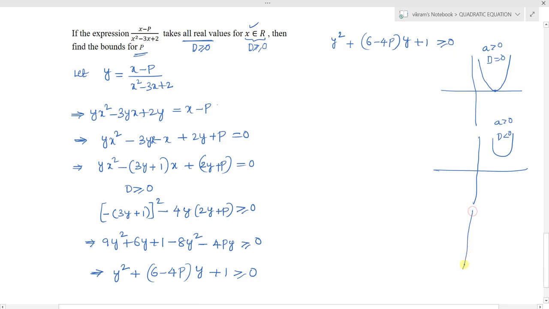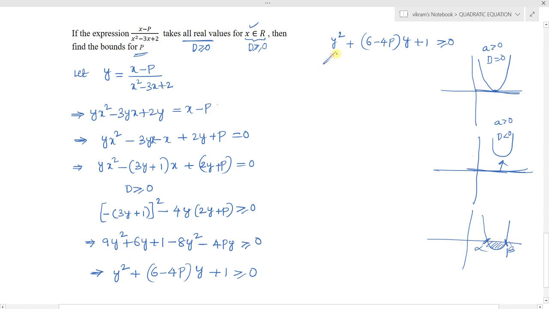If the expression has roots, then between the values alpha and beta it is negative. But it is clear that y² + (6 − 4p)y + 1 ≥ 0, so it is above the x-axis, or it touches the x-axis, but it does not intersect it.